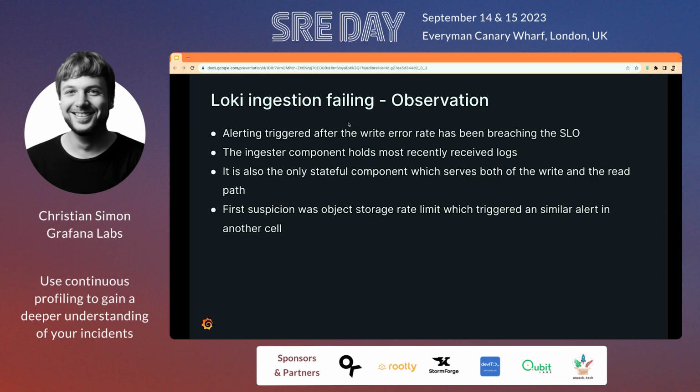For a while, there was a lot of suspicion around object store rate limits that we had been hitting in the same cluster. It took a while for us to realize that the problem is not actually the write load. It was some read queries that made the write path slower, because of this shared component between the two.